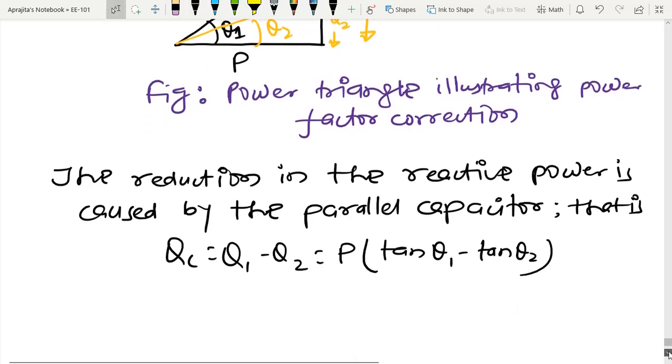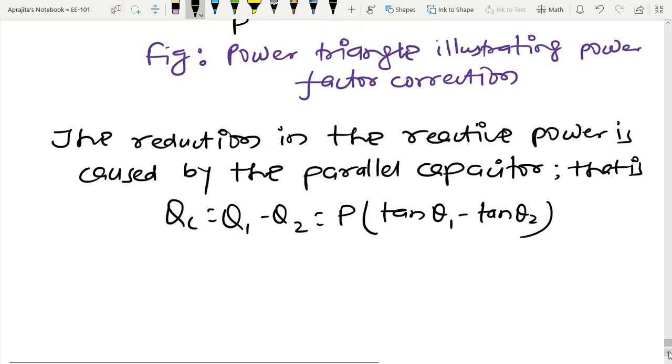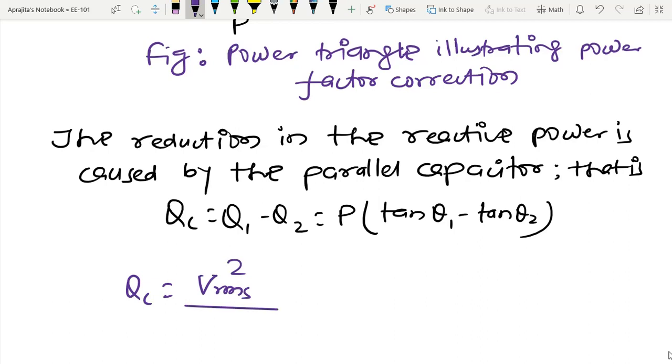And we also know how to calculate QC. QC is nothing but Vrms square by the reactance, and since the load is capacitive, XC is 1 by omega C, so I can also write omega C Vrms square, where omega is the frequency of the source, because the source is an AC source.